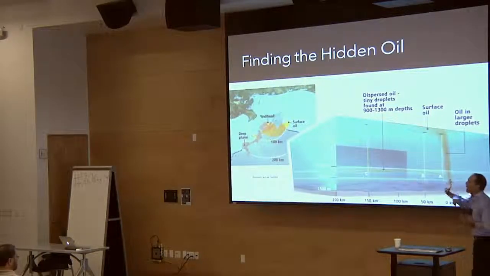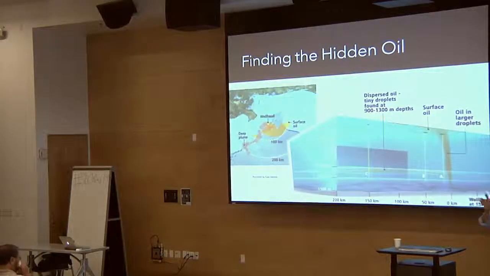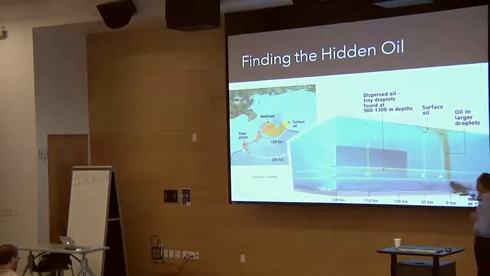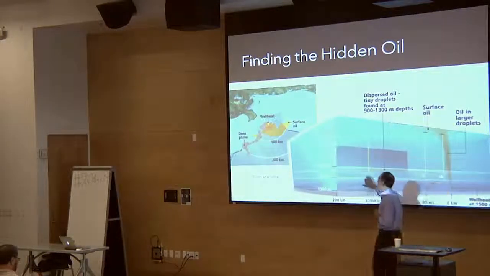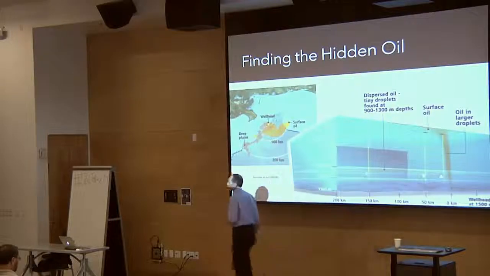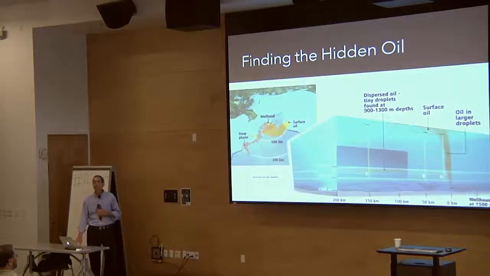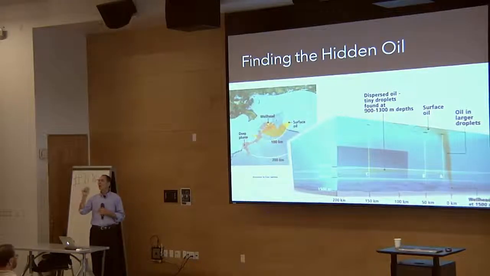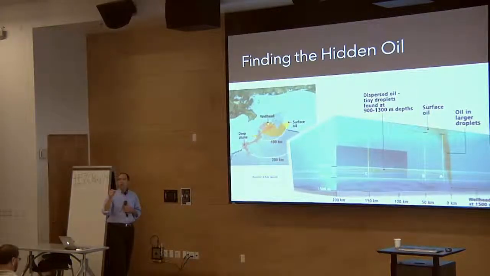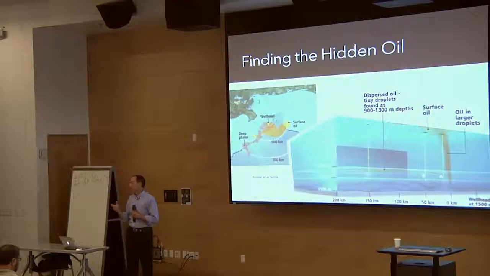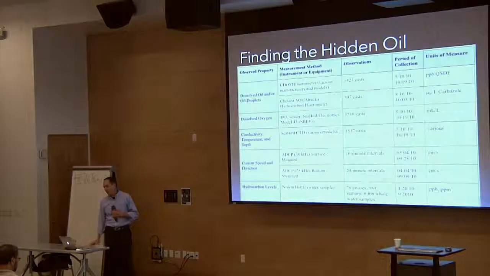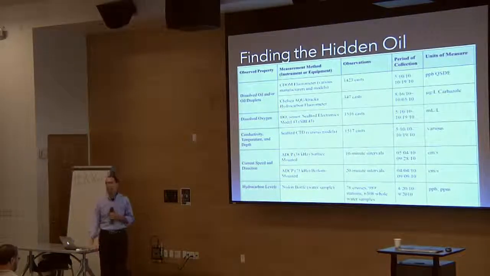So let's look at how we figured out where it was, because this is the science problem we talked about. So here's point A, point B, and point C. You can see we're about 1,000 to 1,300 meters below the water surface. So we want to find that oil and try to understand what's the consequence of that oil there. Here's a little bit of our problem.